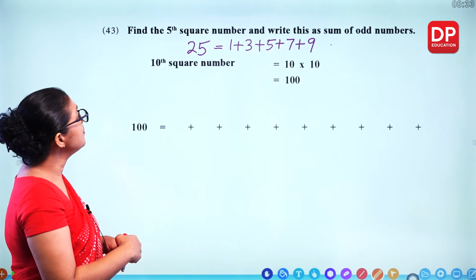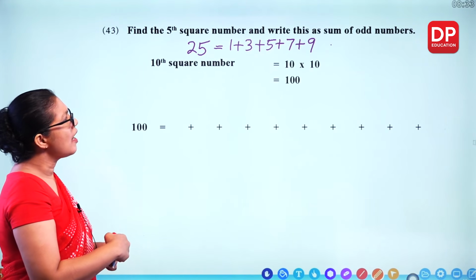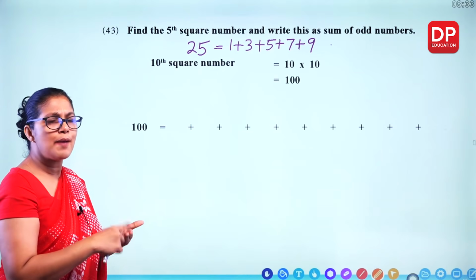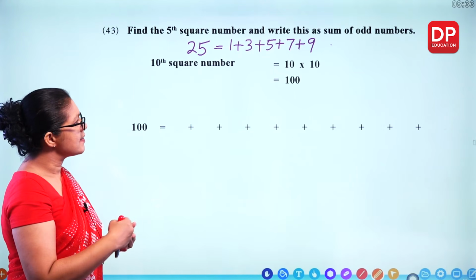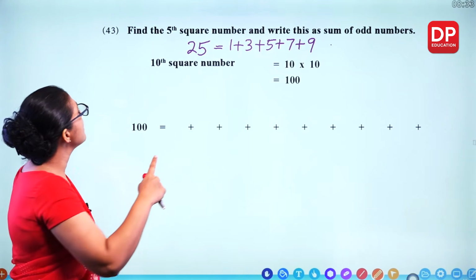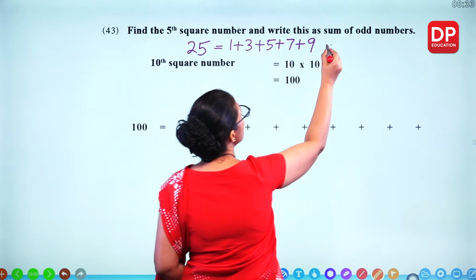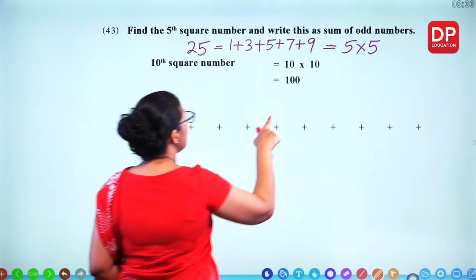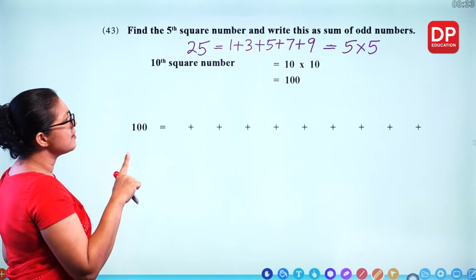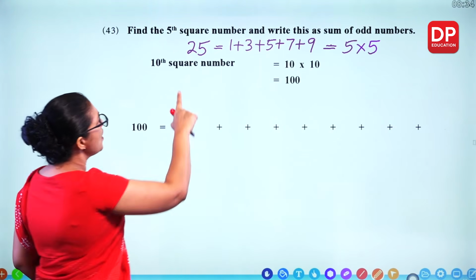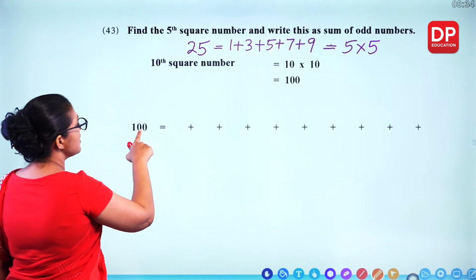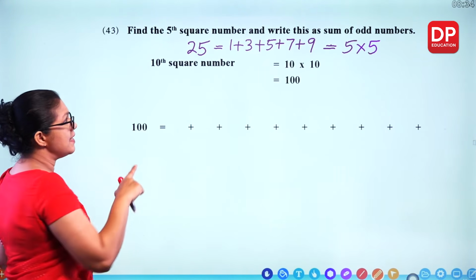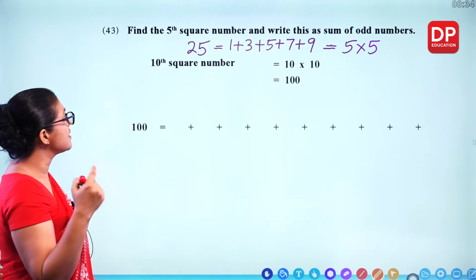10th square number. How you get the 10th square number is 10 times 10. That's 100. Or you can say the 5th square number is 5 times 5 also. Now we'll try to find out the pattern for the 10th square number. 10 times 10, 100, that's the 10th square number.